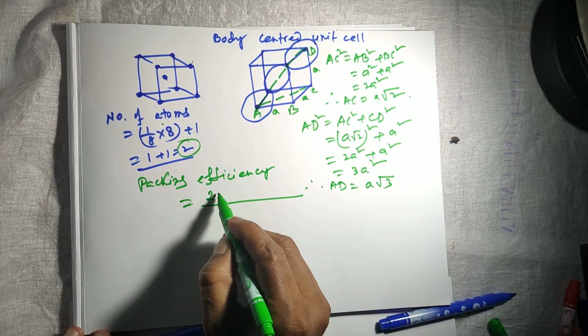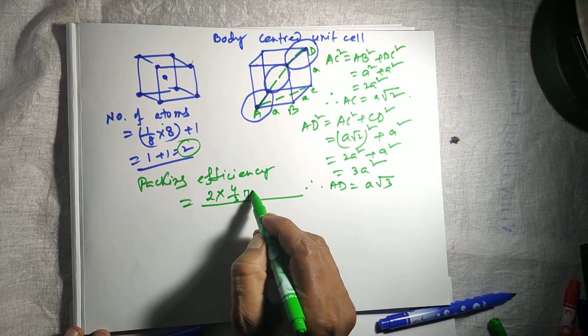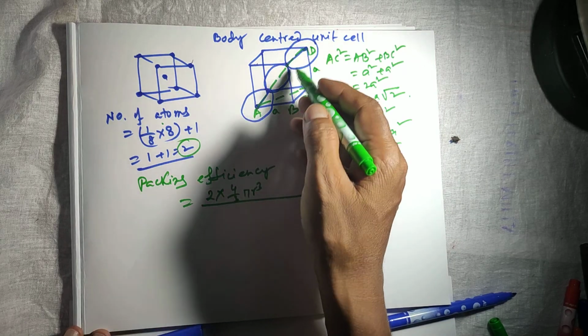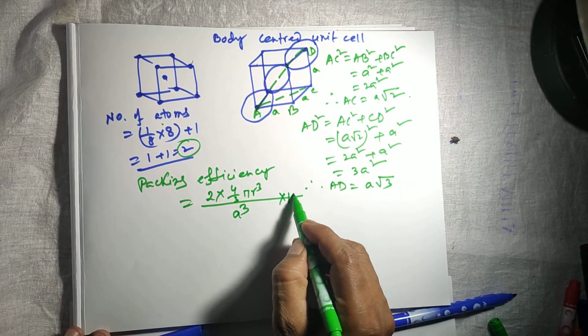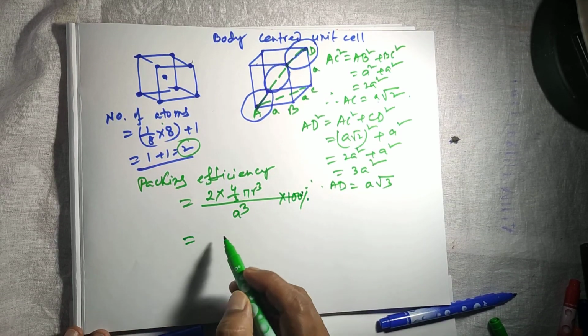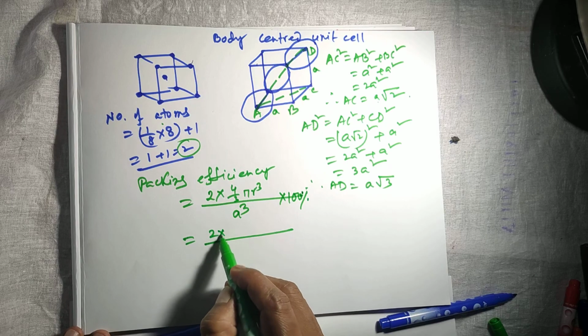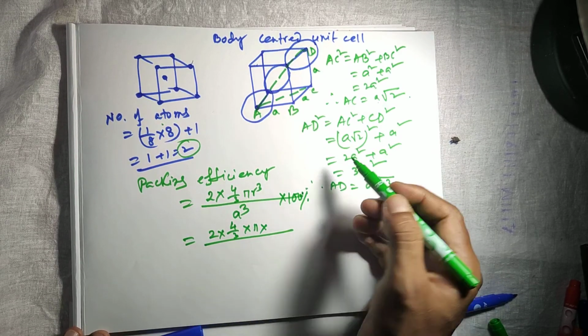So the volume occupied by 2 spheres will be 2 into 4 by 3 pi r cube, divided by the total volume of the unit cell, a cube, into 100%.